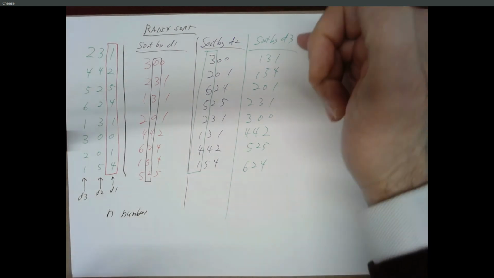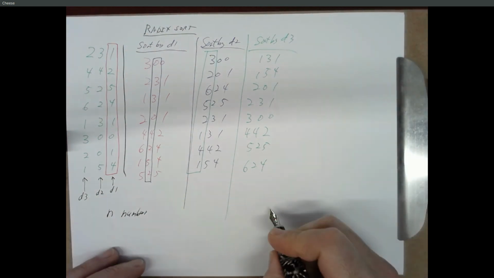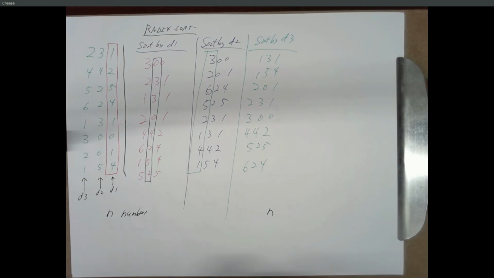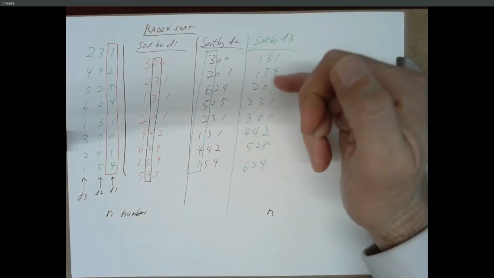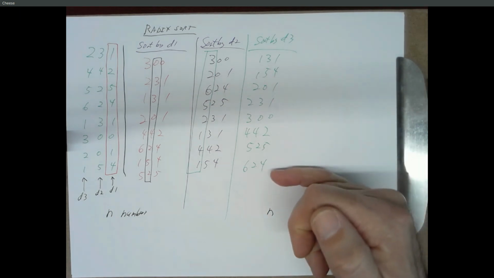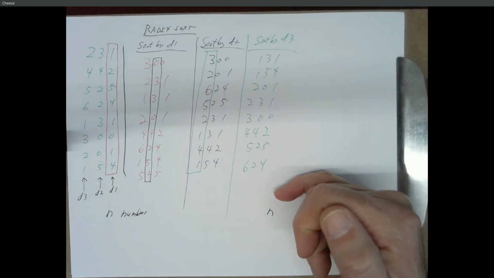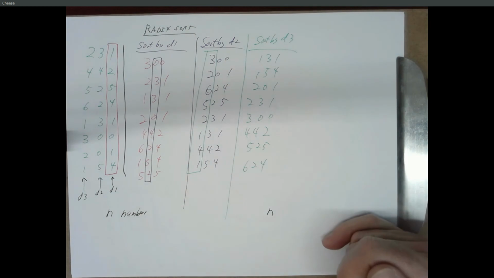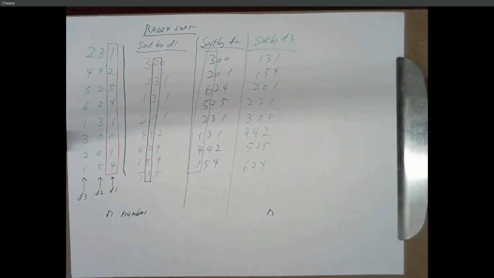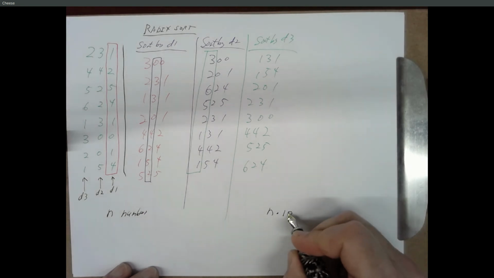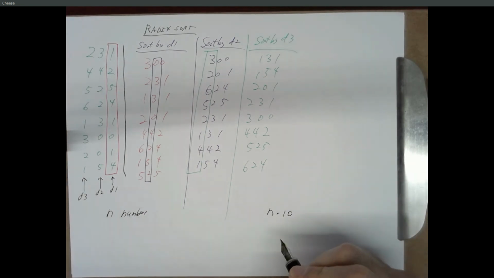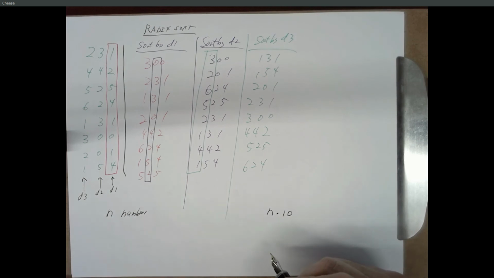Well, each one of these passes is basically n operations, right? We had to go through and look for a particular digit in a particular place. We had to go through n numbers and see if this was a number we should copy to our output. And we had to do that a total of 10 times, looking for 0s, 1s, 2s, 3s, up through 9s.